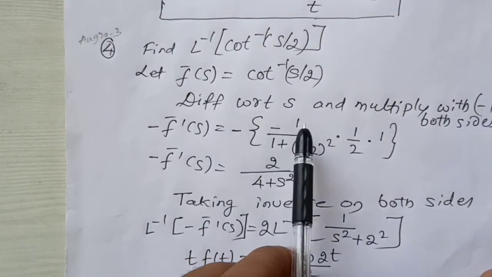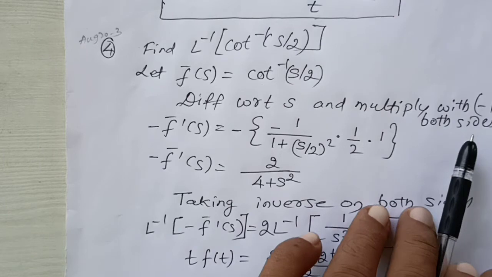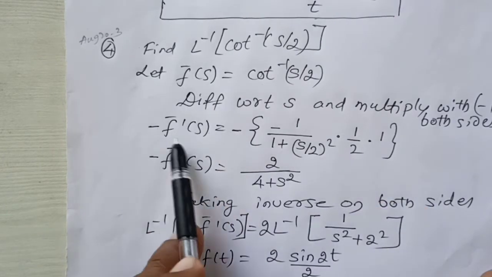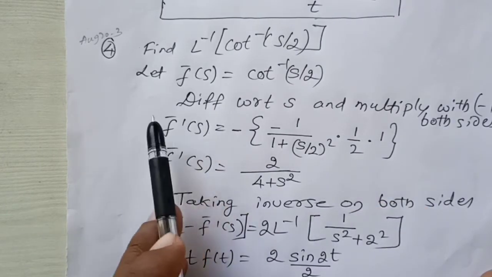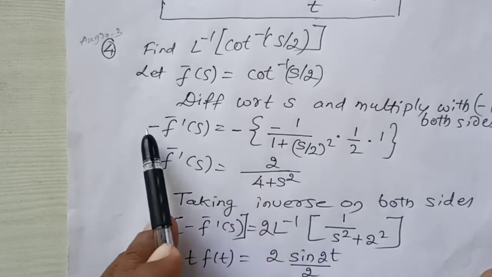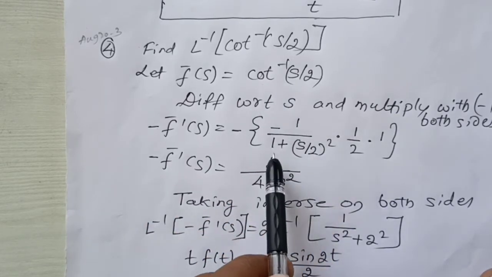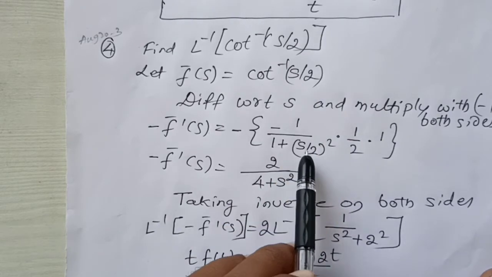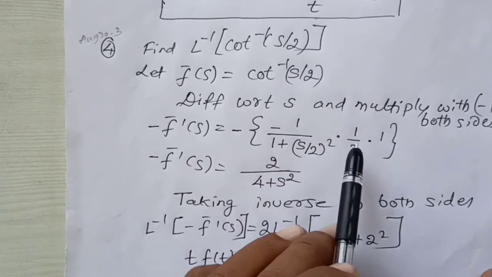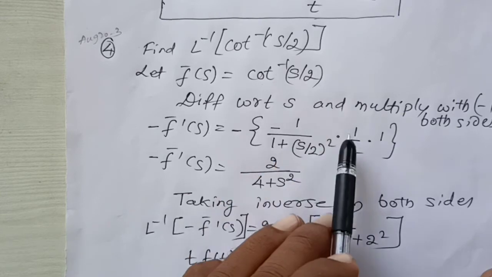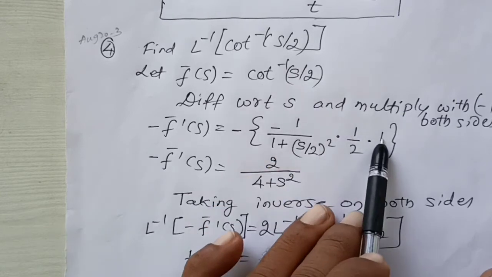Next, differentiate with respect to s and multiply by minus 1 on both sides. So minus f dash bar s is equal to minus, and the differentiation of this gives minus 1 upon 1 plus s by 2 the whole square into the differentiation of s by 2, where 1 by 2 is a constant and the differentiation of s is 1.